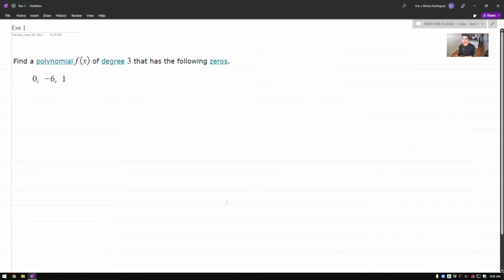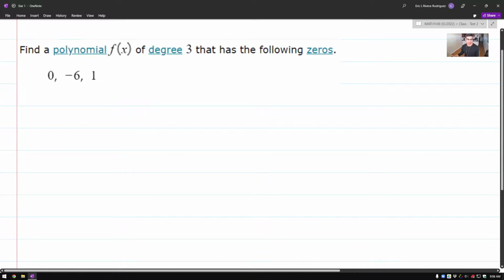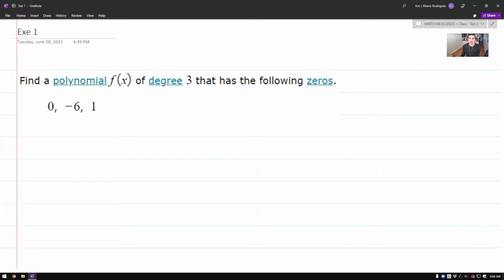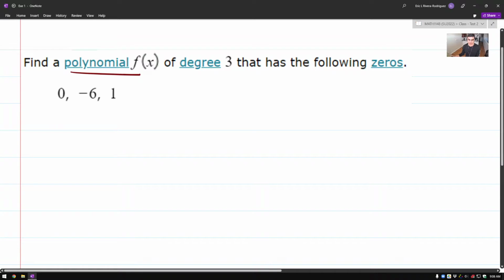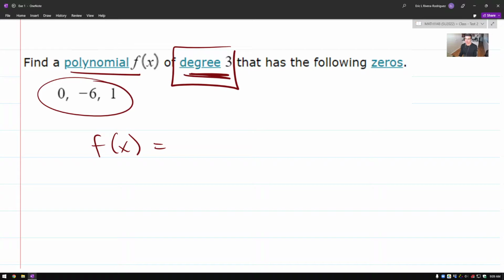So we are going to start with this exercise. Find a polynomial function f of x of degree 3 that has the following zeros. What is the goal of this exercise? We need to write the equation of a polynomial that meets these criteria.